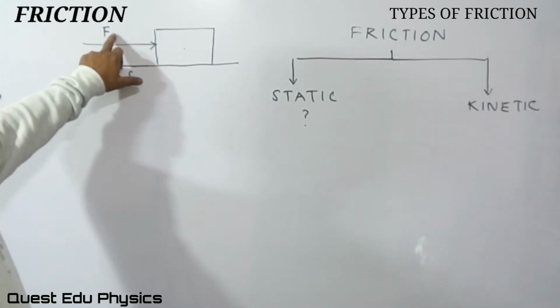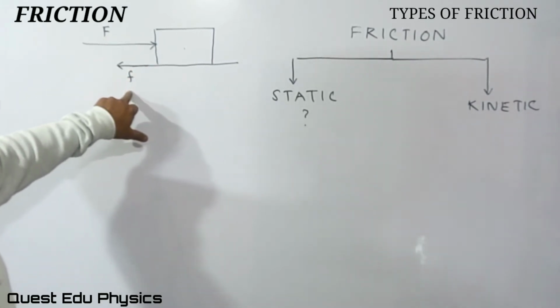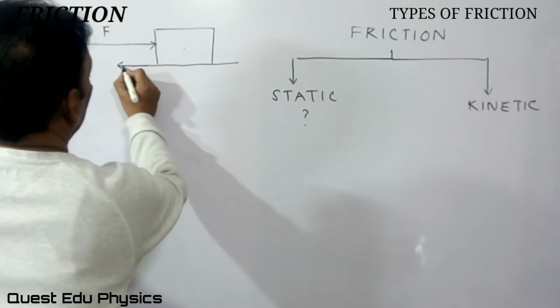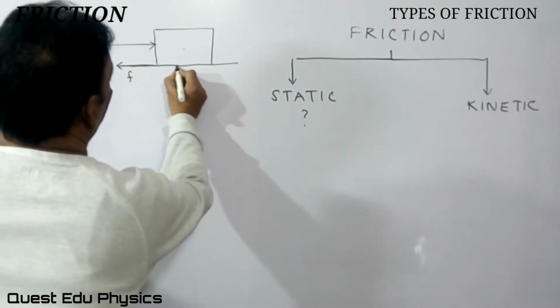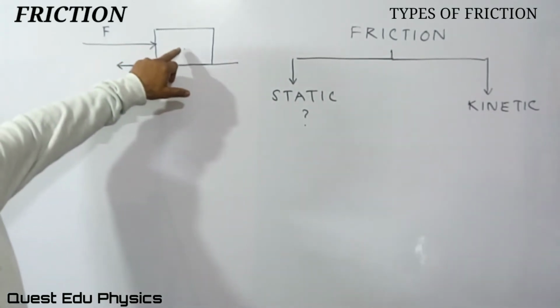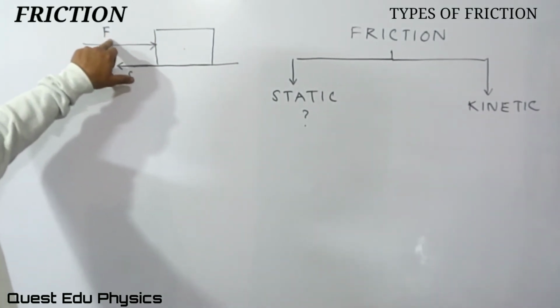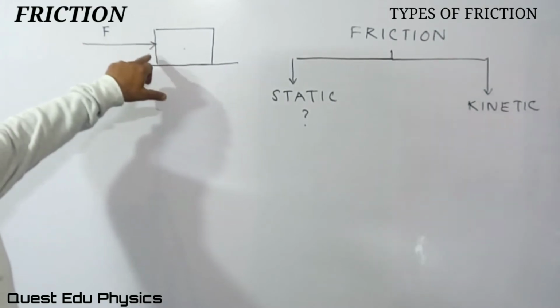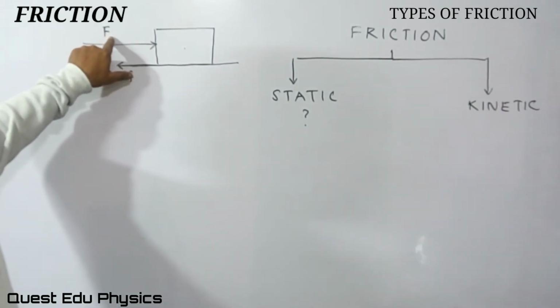Both have magnitudes F and small f respectively, and the frictional force acts along the surfaces in contact. Understanding? Here I can't say the body will move by the application of a force. It can move or not depending upon the magnitude of the force.